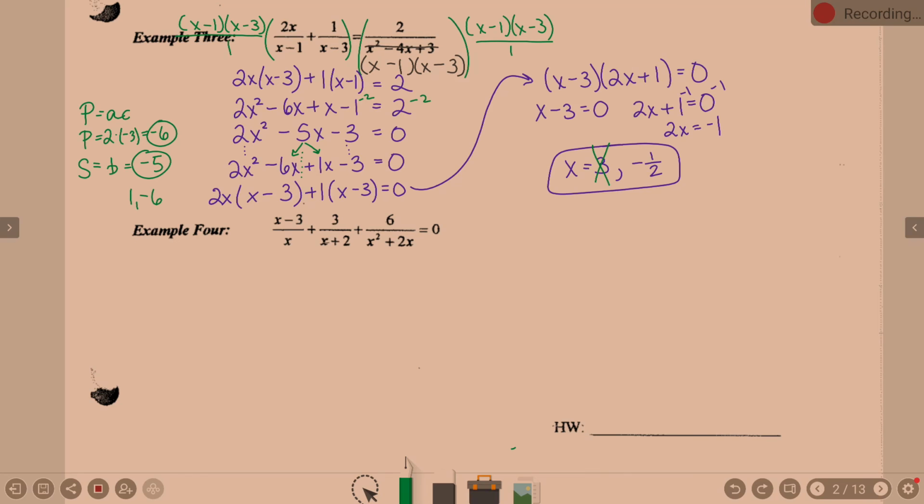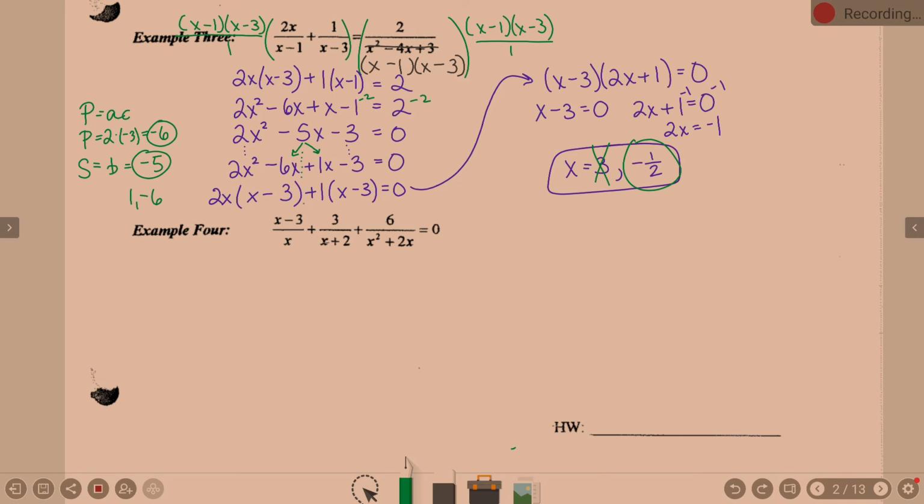So that means the only solution we have left is negative 1/2. Okay? You could check it algebraically. You could check it graphically. If you check this one graphically, you would want to take this original equation and make the original equation equal to 0. Okay? You don't want to go after you've multiplied and gotten rid of the fraction.